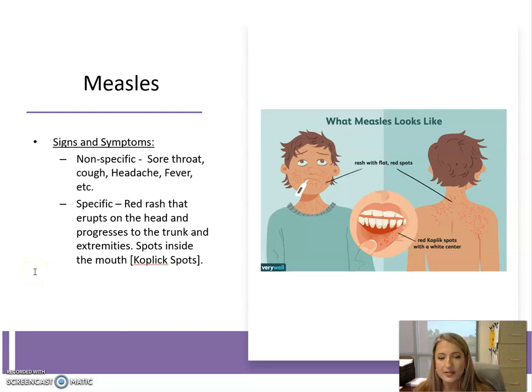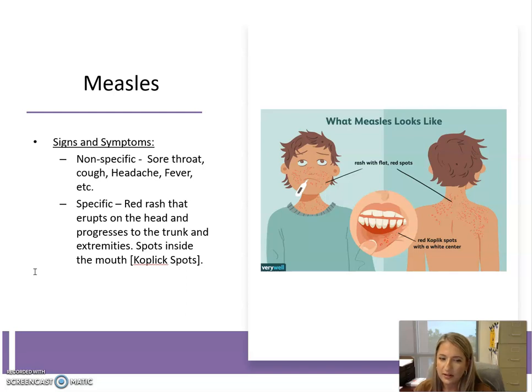So what are the signs and symptoms of measles? Generally, when you first get infected with the measles virus, you will start to experience some nonspecific signs and symptoms. Because of the respiratory transmission, you will likely have something like a sore throat, potentially a cough, headache, fever, nausea, fatigue, those really standard nonspecific signs or symptoms.